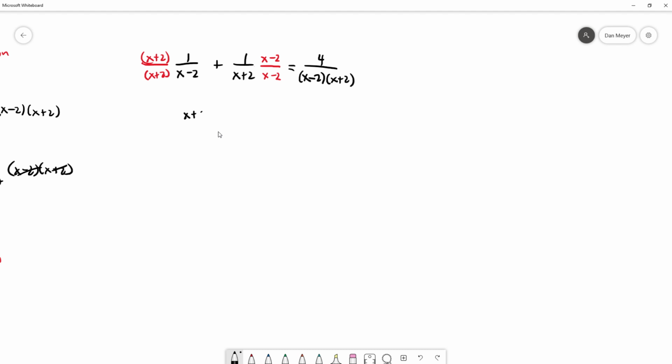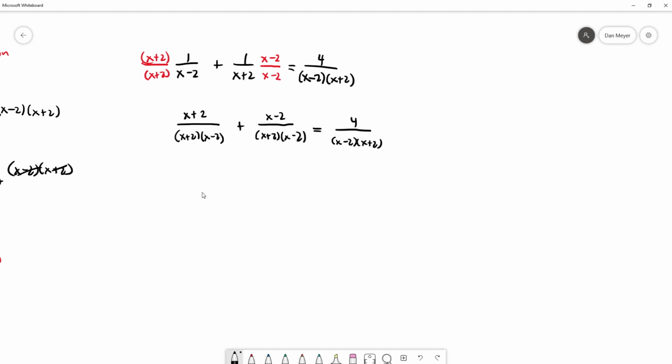We have x plus 2 over x plus 2 times x minus 2 plus x minus 2 all over x plus 2 times x minus 2 is equal to 4 over x minus 2 times x plus 2. And now that these two fractions have the same denominators, I can add them together.